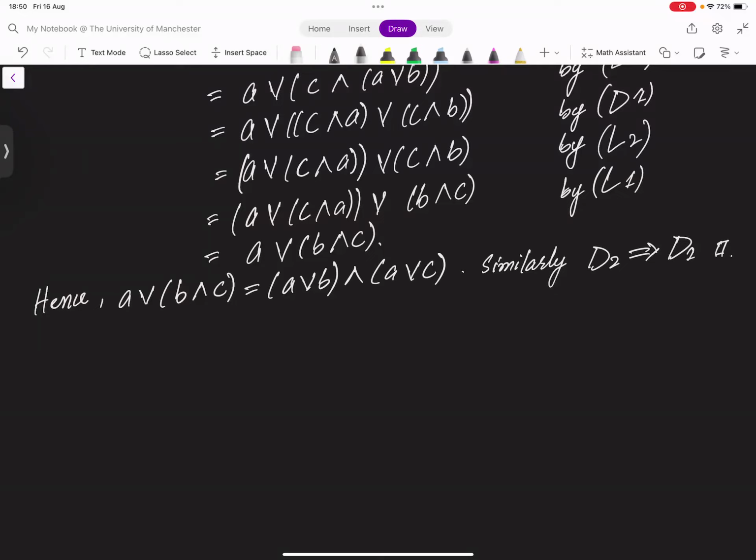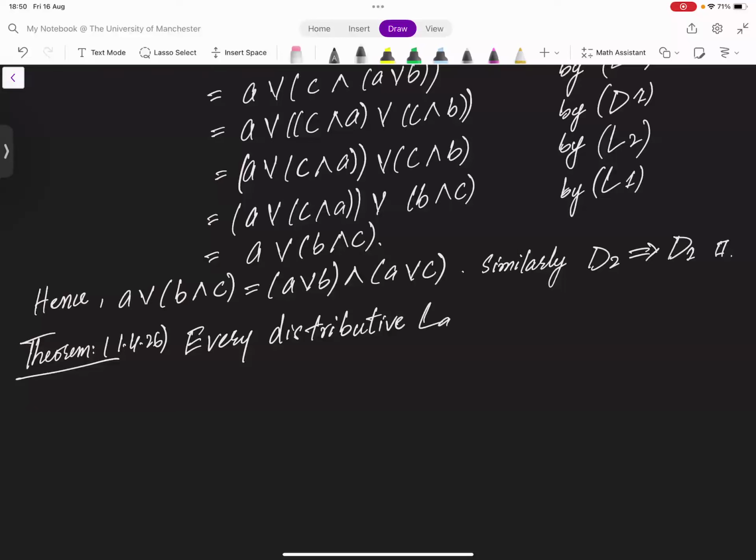Another theorem, 1.4.26, says that every distributive lattice is a modular lattice. You can also write the proof, which is simple.